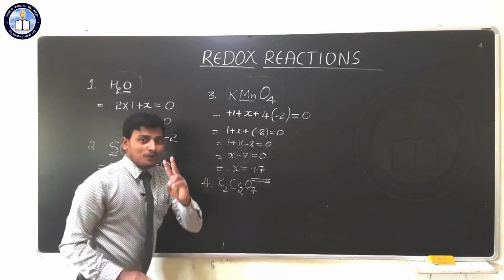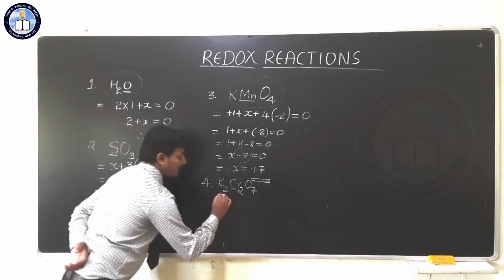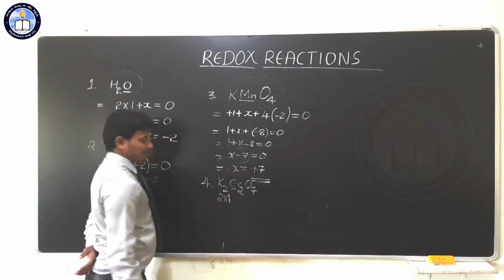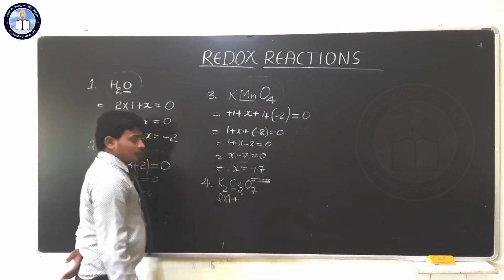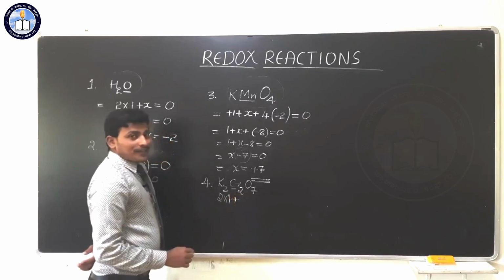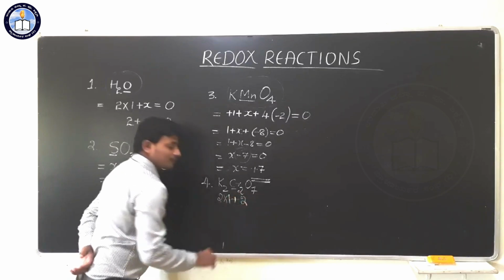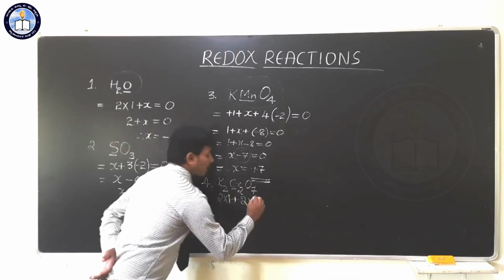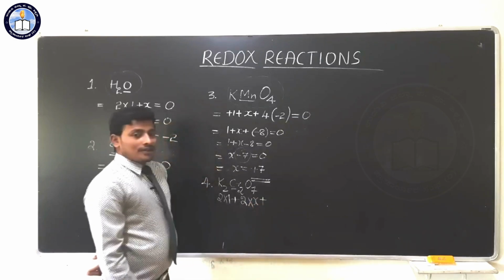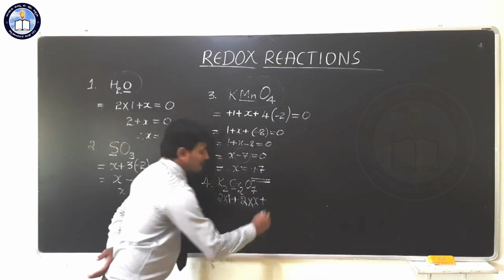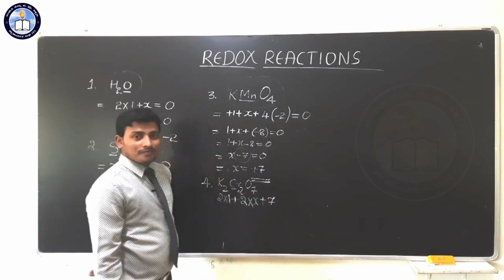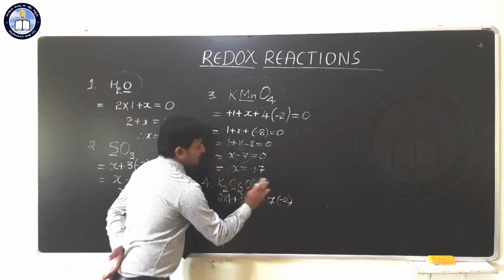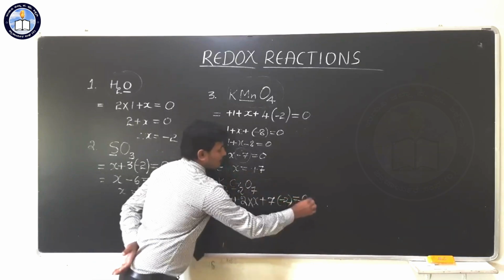But there are 2 potassium atoms, hence I write 2 into the value for potassium, plus 1, plus there are 2 chromium atoms, therefore I write 2 into chromium, which we need to find out, so we put x, plus there are 7 oxygen atoms present, therefore I write 7. For oxygen the value, we know, is minus 2. There is no charge on this one, therefore it is equal to 0.